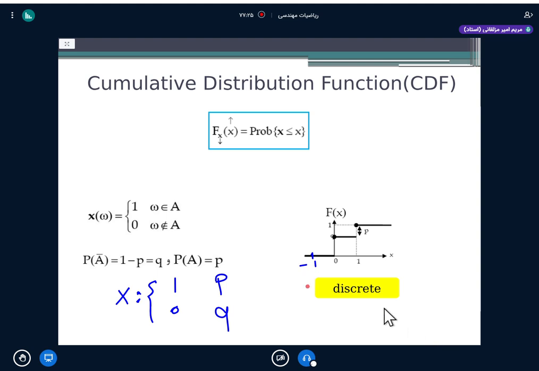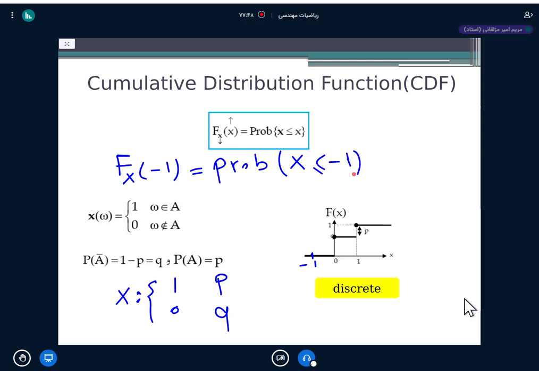For example, suppose we want to compute the CDF value at this point. It means that, through this formulation, it's equal to the probability that our random variable is less than or equal to -1.